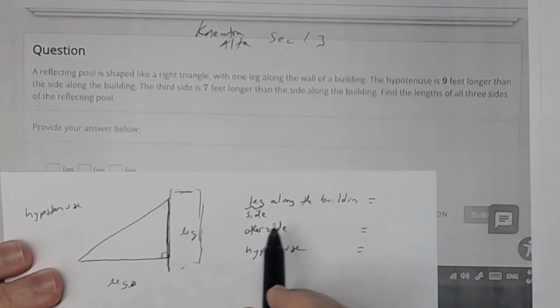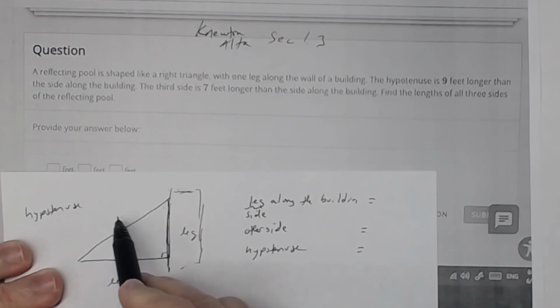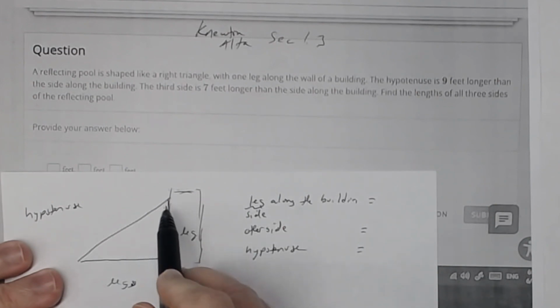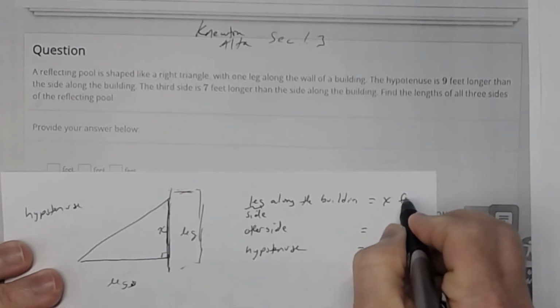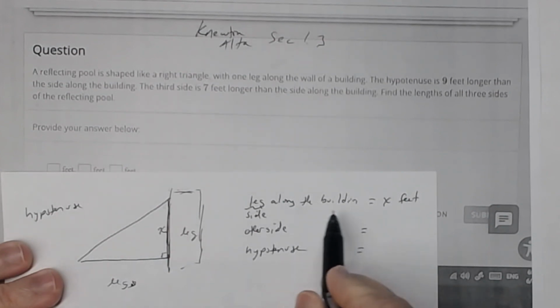Notice that this hypotenuse and this leg both depend on what this is. So we're going to let the side along the building, adjacent to the building, be x feet. So this will be x feet.